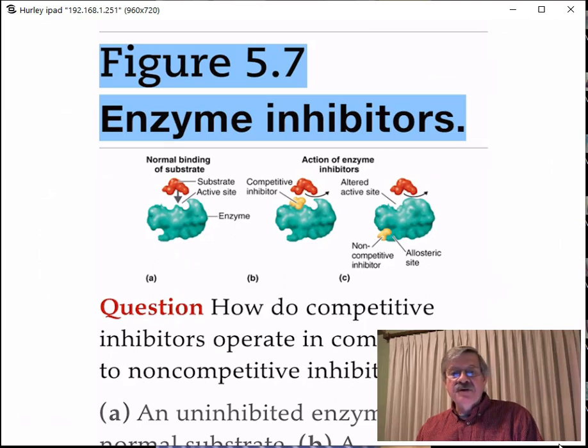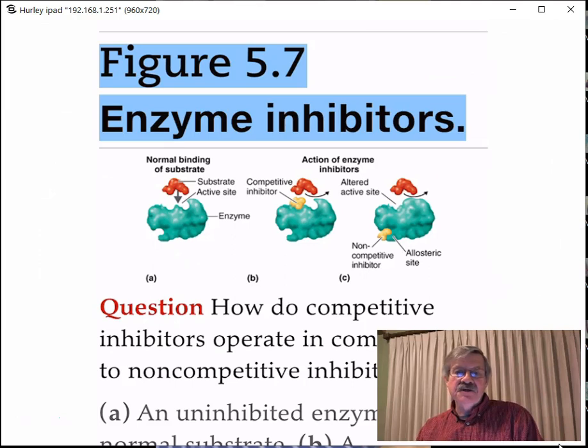Then in B, you have an inhibitor that fits into the active site. So that inhibitor is competing with the substrate for that active site. If the inhibitor fits in the active site, it is a competitive inhibitor.